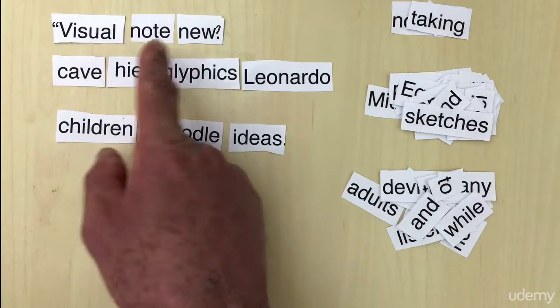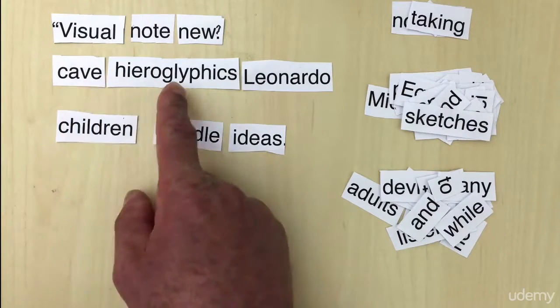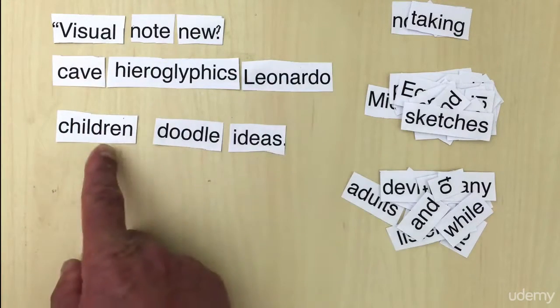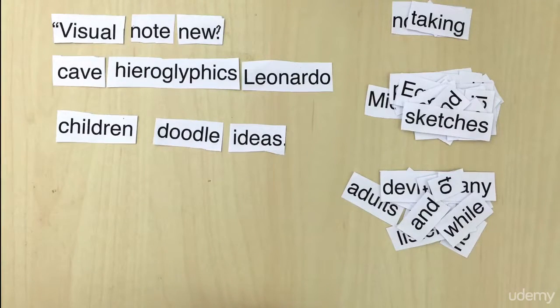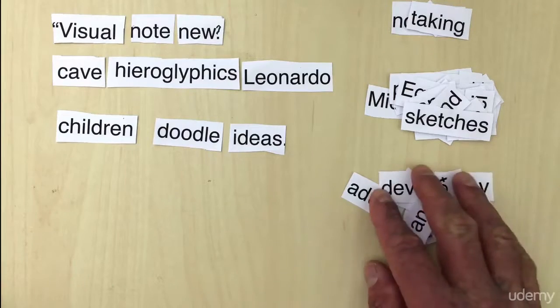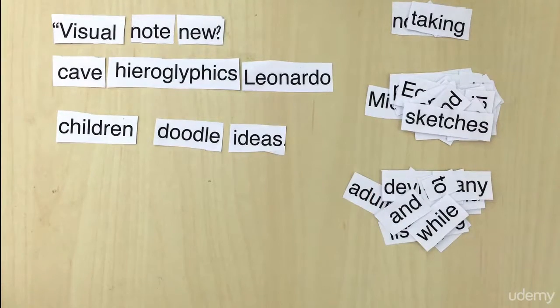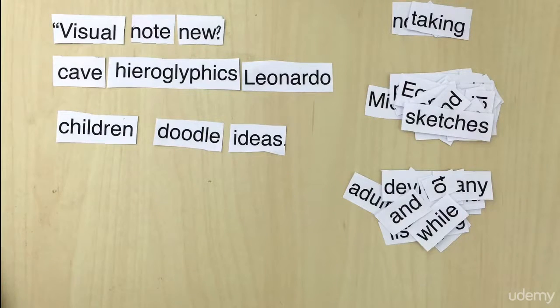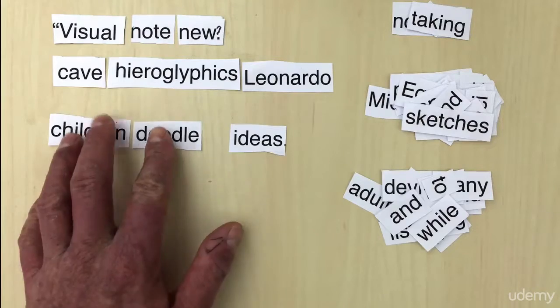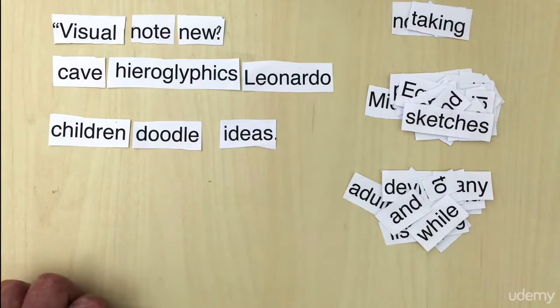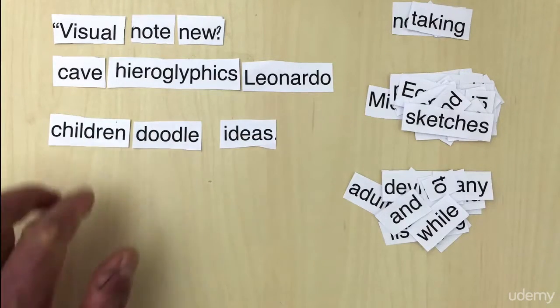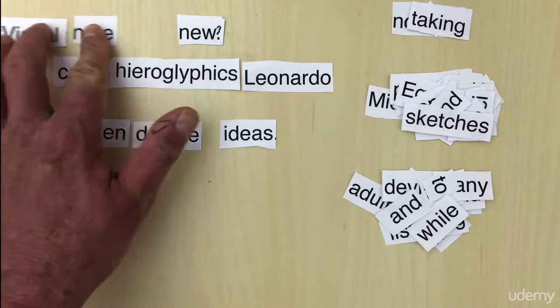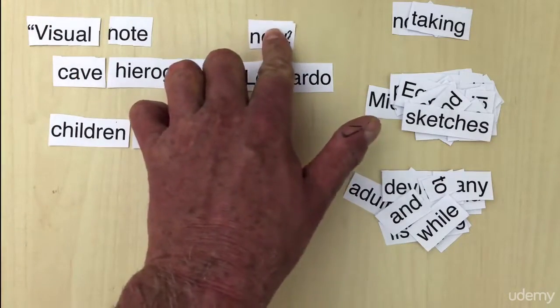Visual notes, new. Cave, hieroglyphs, Leonardo. Children doodle ideas. I'm going to see, what if you could only keep one word from each? Which would be that word? Just as a challenge. This is really breaking it down. If I only had to keep one word from each, I would probably say new.